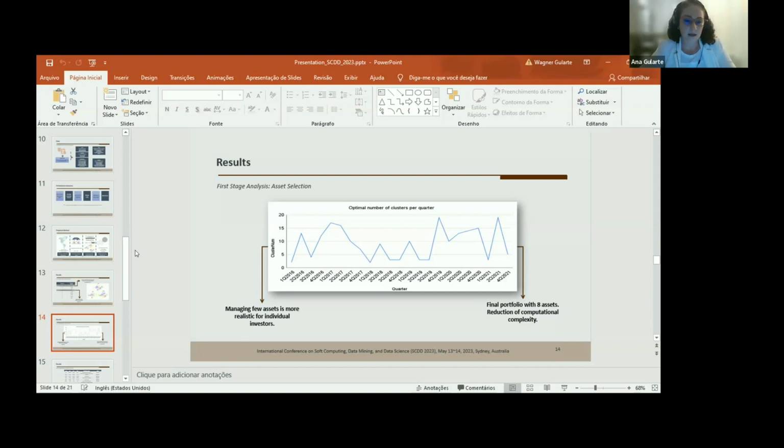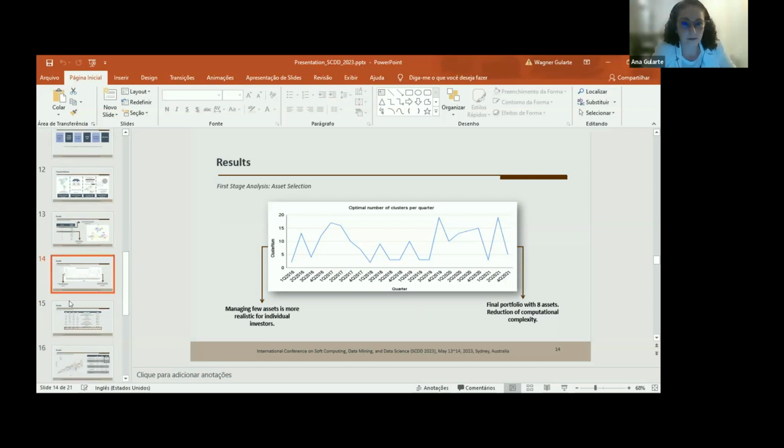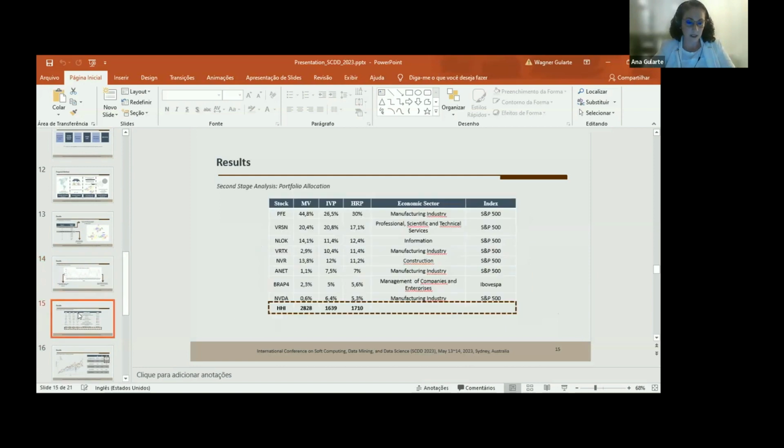Managing a few assets is more realistic for individual investors. Our solution resulted in a financial portfolio of 80 stocks, significantly reducing the problem's computational complexity. Portfolio allocation: in the table, we summarize these analyzed indicators.